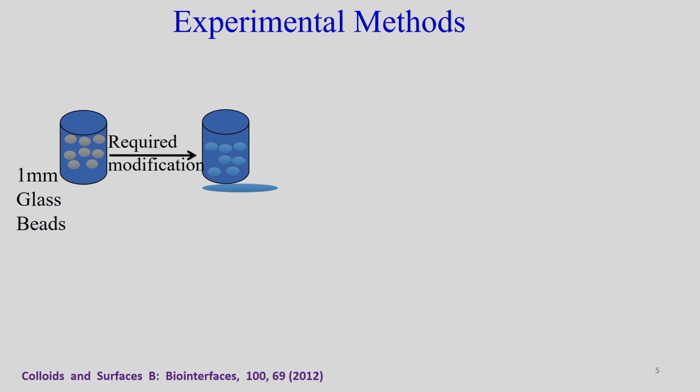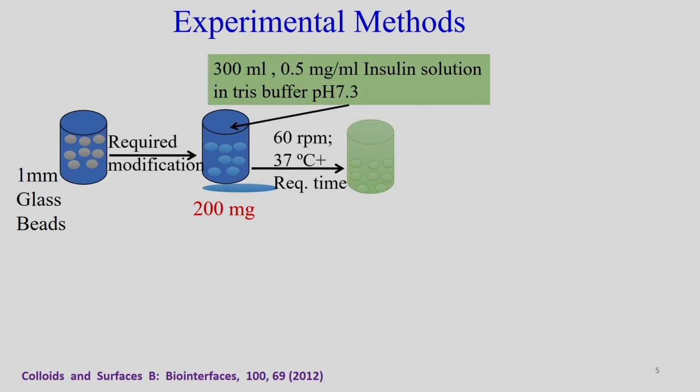You can say different functional groups were added on the glass bead or glass surface to change its wettability. After the modification, in a glass vial we added about 200 milligram of the modified beads and 300 ml of the 0.5 mg per ml insulin solution at pH 7.3.